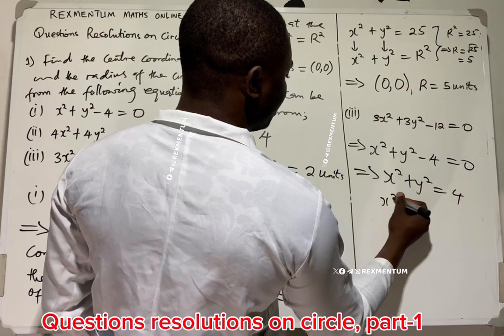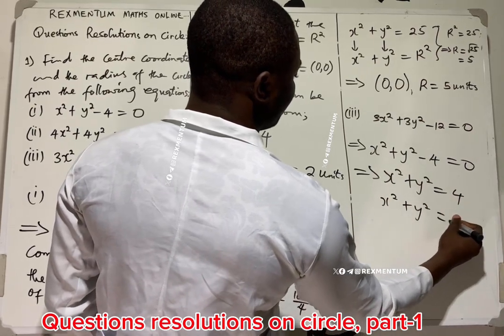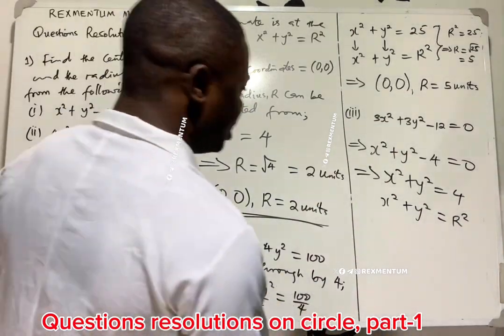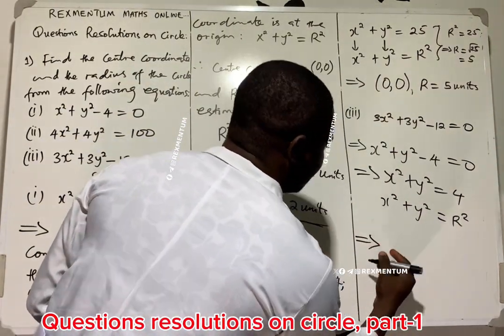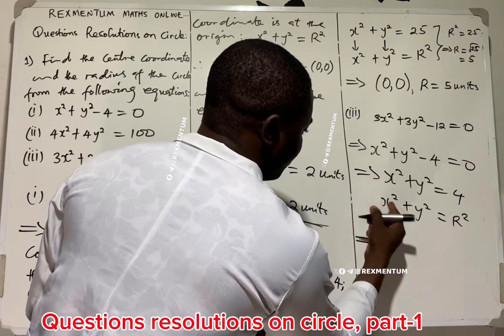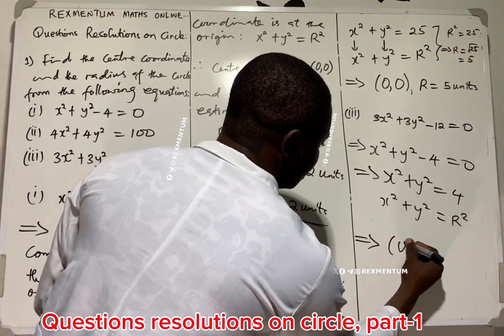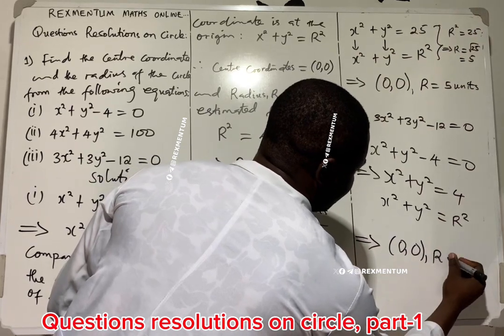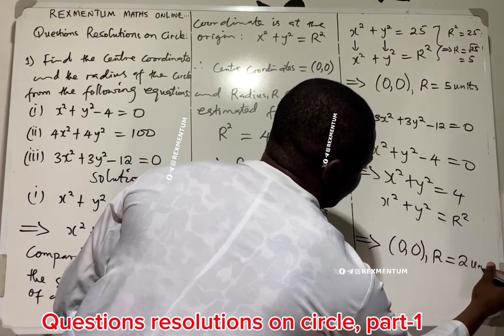Compare it to x squared plus y squared equal to r squared, the standard equation of a circle whose center coordinate is at the origin. This implies that the center coordinate is 0, 0, and the radius is equal to 2 units.